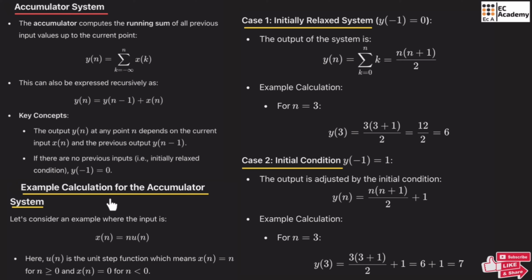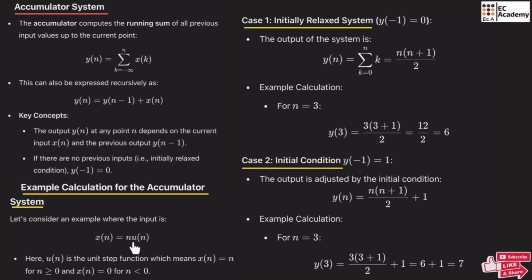Here we are taking an example to understand the accumulator system, where the input sequence is taken as x of n is equal to n u of n. So here u of n is the unit step function, which means x of n will be equal to n for n value greater than or equal to 0.